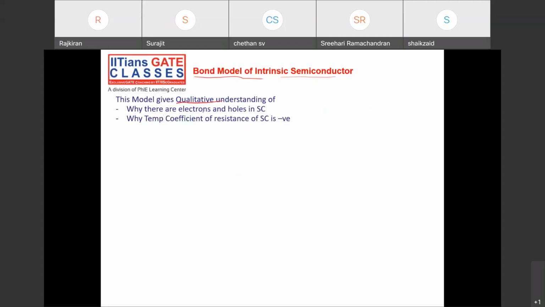It will also explain why the temperature coefficient of resistance of a semiconductor is negative. If I increase temperature in a semiconductor, the resistance decreases or the current increases, right? We will understand why it happens.